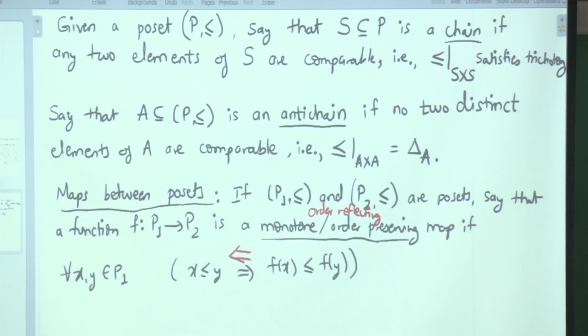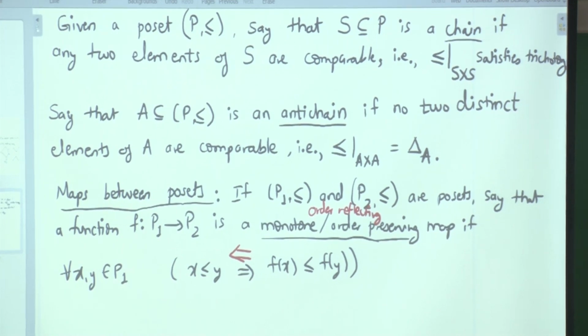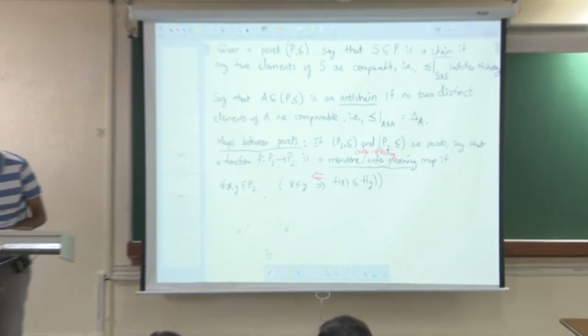Okay, then there is something very interesting about this. For example, in linear orders, if you have a bijective order preserving map, then automatically it's an order isomorphism, correct? The same concept doesn't hold here. So let us look at an example. Consider this 0, A, B, 1.